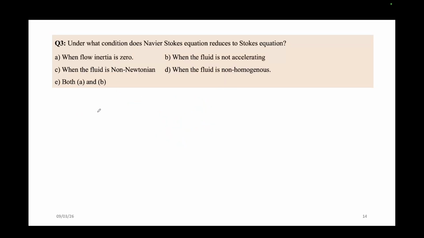I am just writing this so that you can see: d/dt of rho u plus, into minus del p. I'm just writing in the x direction, like this way the equation.